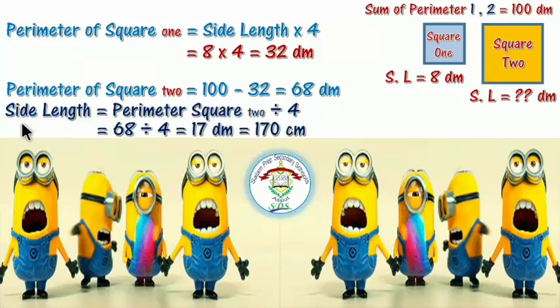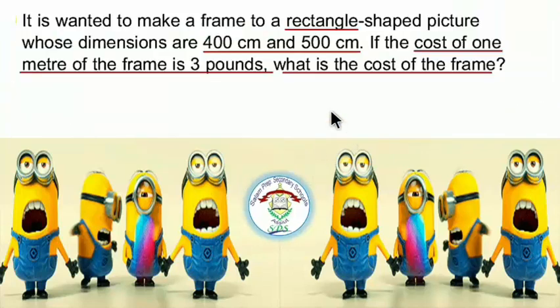The rule is side length equals perimeter of square 2 divided by 4, equals 68 divided by 4 equals 17 decimeters. Please take care, the requirement is in decimeters and centimeters. So 17 decimeters equals 170 centimeters. The next one.